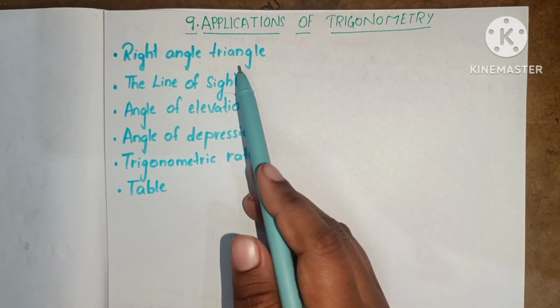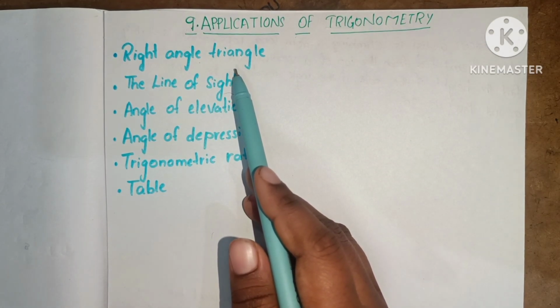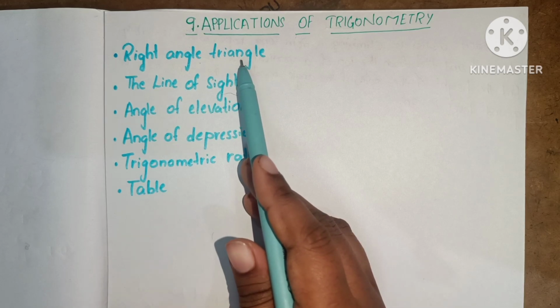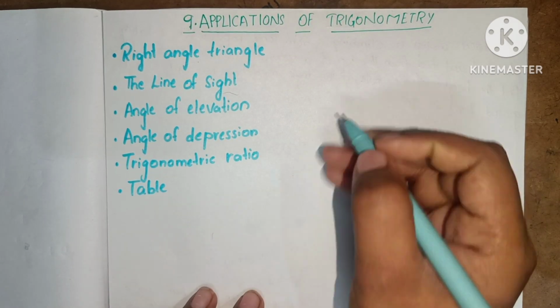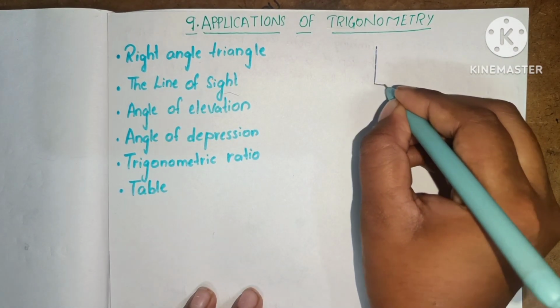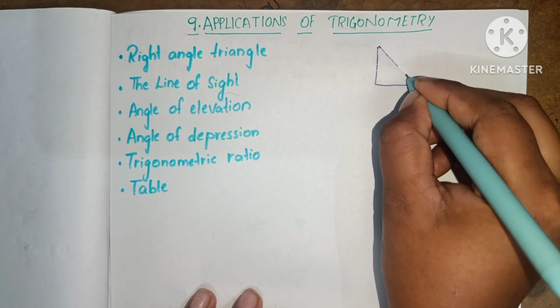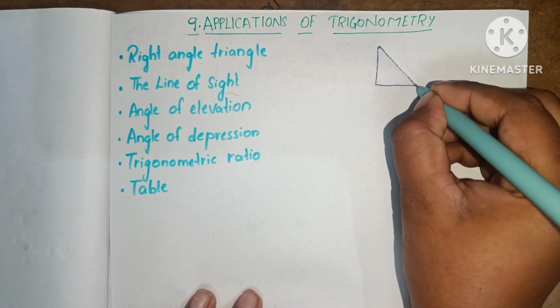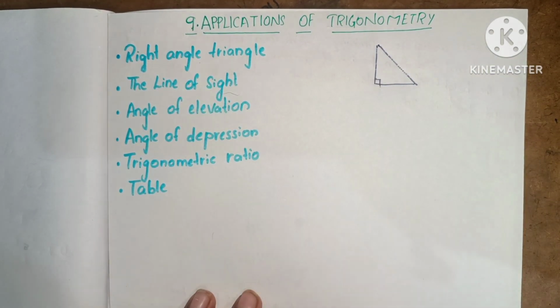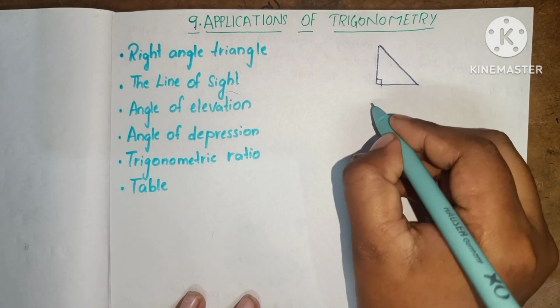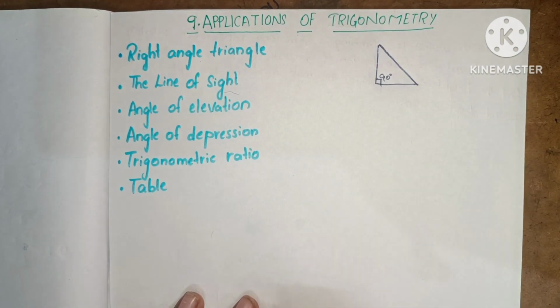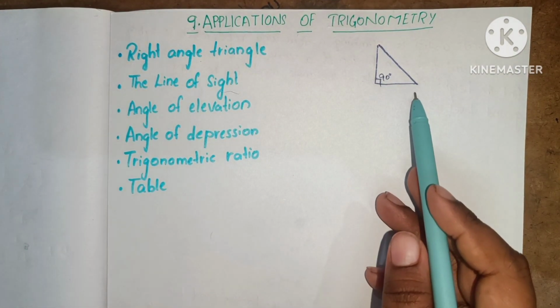In the trigonometry concept I explained that the trigonometric ratios are applicable on a right angle triangle, right? So what is the meaning of a right angle triangle? One angle must and should be 90 degrees. If one angle is 90 degrees, then you call it a right angle triangle.